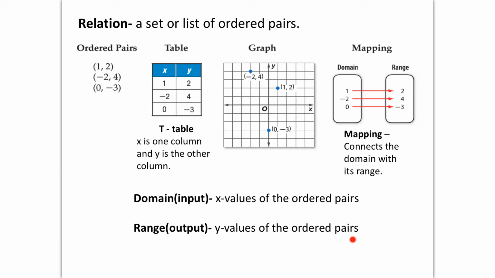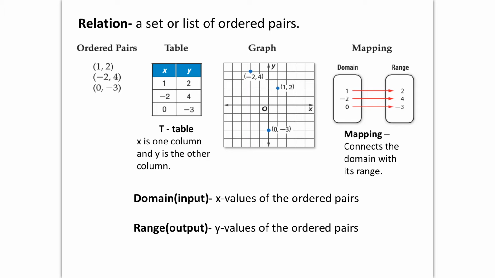So when x, the input, is 1, the output is 2. So when x equals 1, the y equals 2. We can also use the words domain and range: when the domain is 1, the range is 2. So that's what the domain and the range are. Domain is the x values, range are the y values.